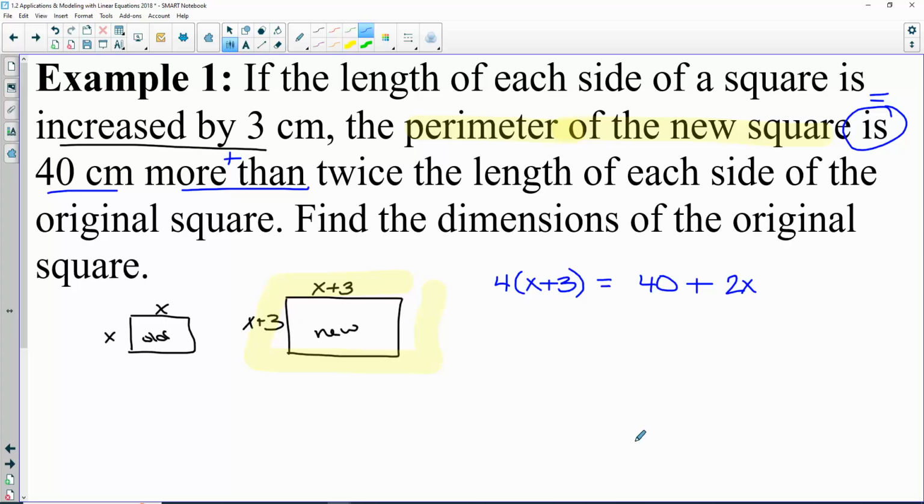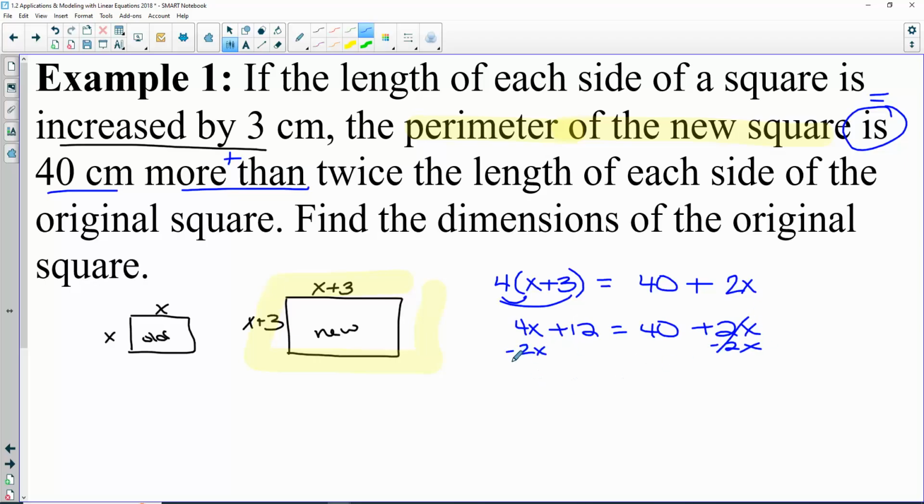Now, do you guys all know how to go from here? Take a second and solve this equation for me. So we get 4x plus 12. Okay, at this point, it is totally up to you how much work you show me. If you like to write what you're doing, that's great.